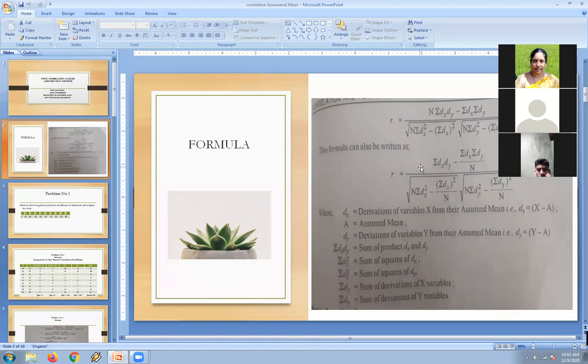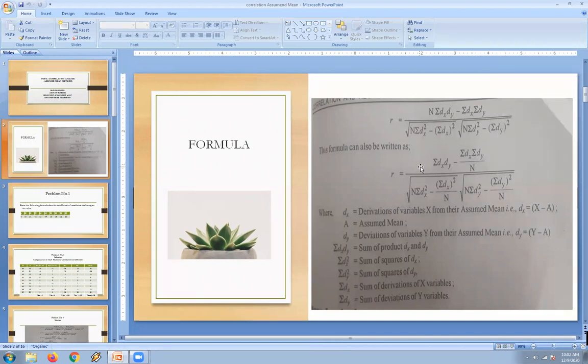We are not considering any actual values for the calculation. One more formula you can see here for the calculation of correlation: sigma dx dy minus sigma dx into sigma dy divided by n. This is the total of dx into dy, the products of the deviations, and sigma dx into sigma dy divided by n.